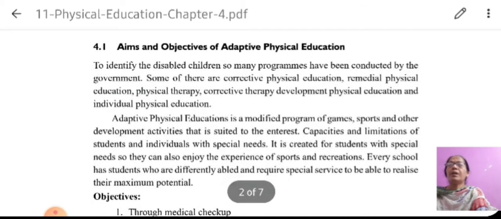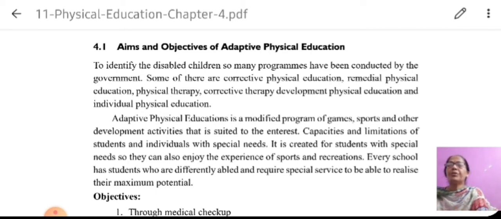Now, aim and objectives of adaptive physical education. See the aim. In this, every school has students who are differently abled and require special service to be able to realize their maximum potential.